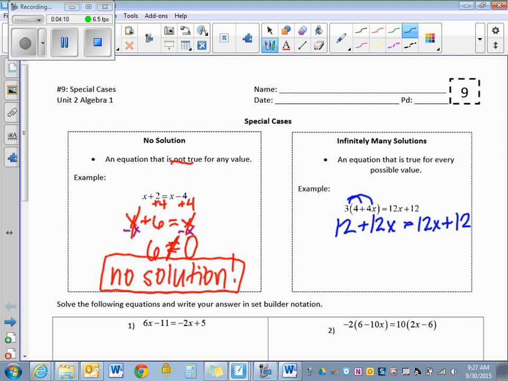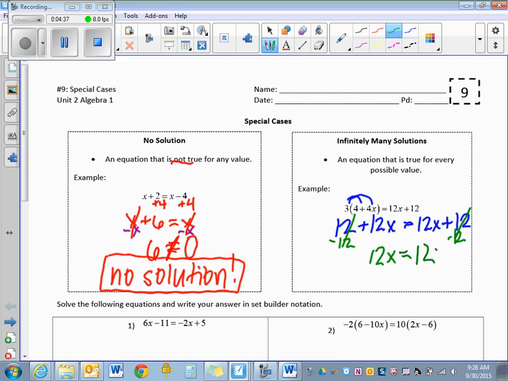They're exactly the same. But say we don't notice that, so we'll keep going. Say we don't notice that they're the same. What would be our next step? What do you guys want to do? Sure, let's subtract 12. And remember, in order to cross that equal sign, we have to do the opposite. Alright, 12 minus 12 cancels out, so I have 12x equals 12x.